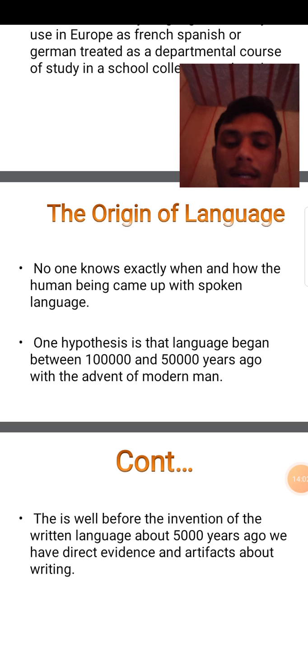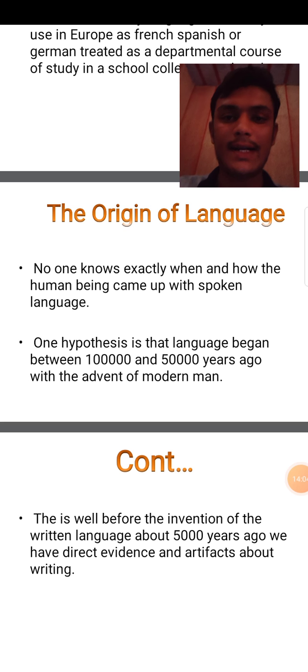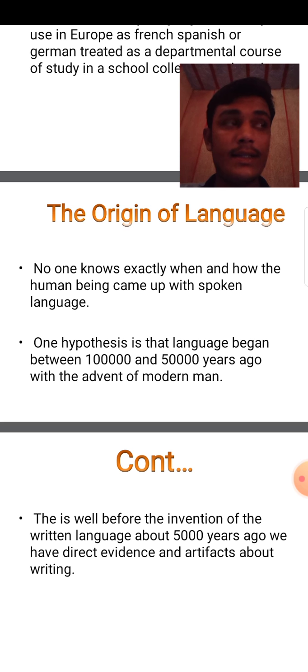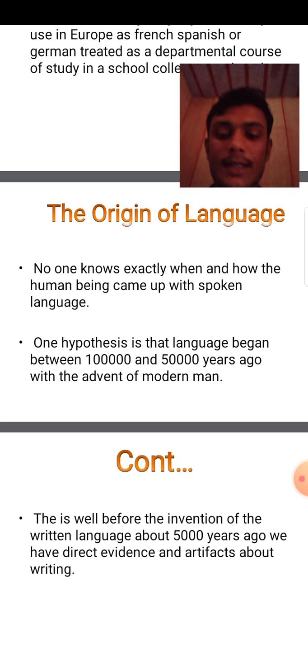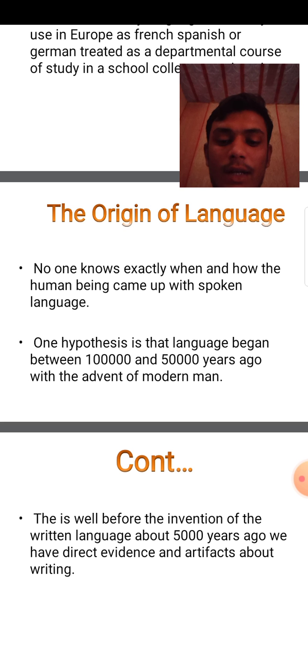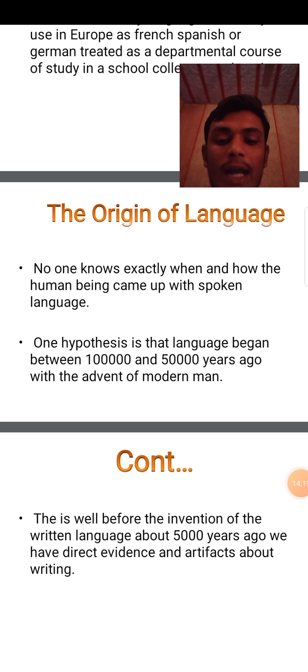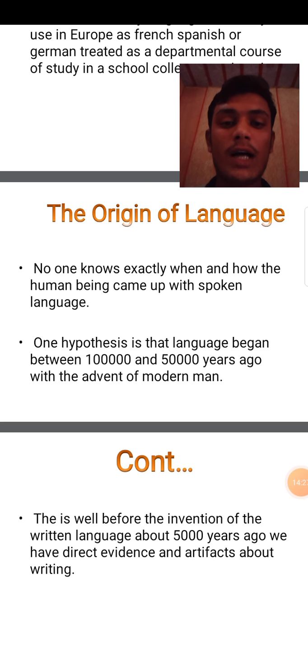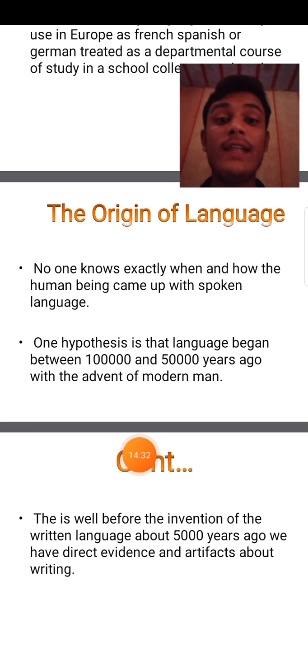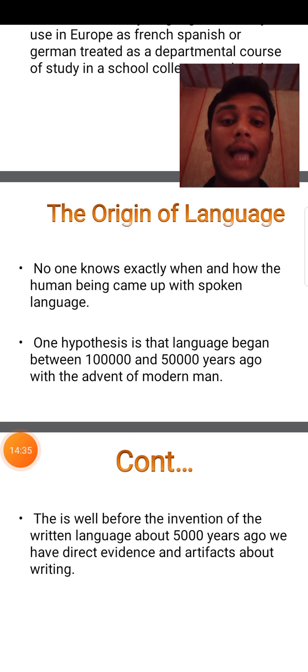So number 3 slide is that well before the invention of the written language, about 5,000 years ago, we have direct evidence and artifacts about writing. About 5,000 years ago, language arose and began.